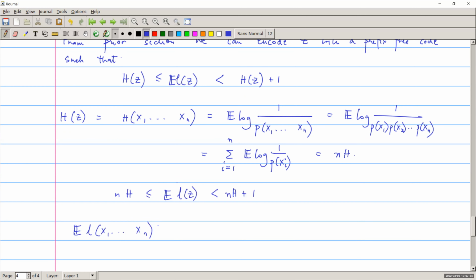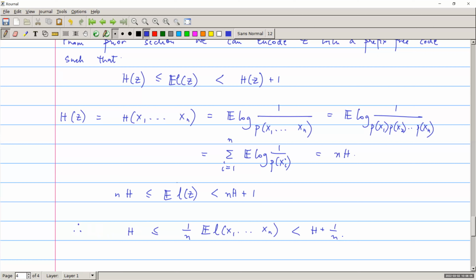Now, per realization, if I divide by n throughout, why do I divide by n?